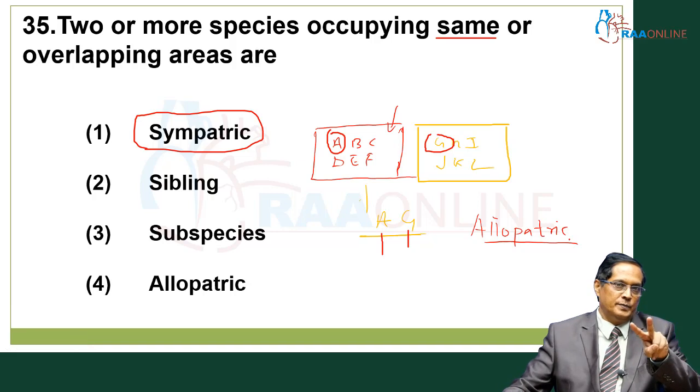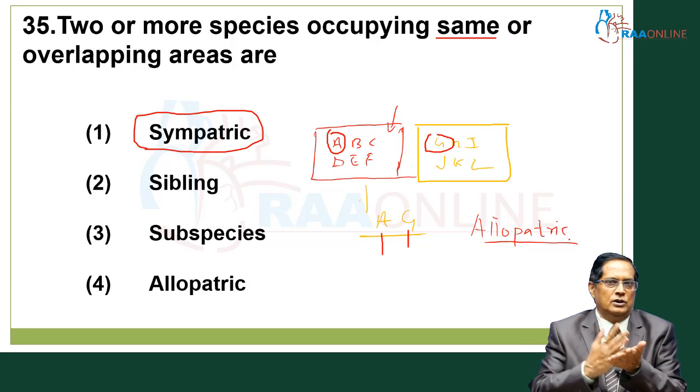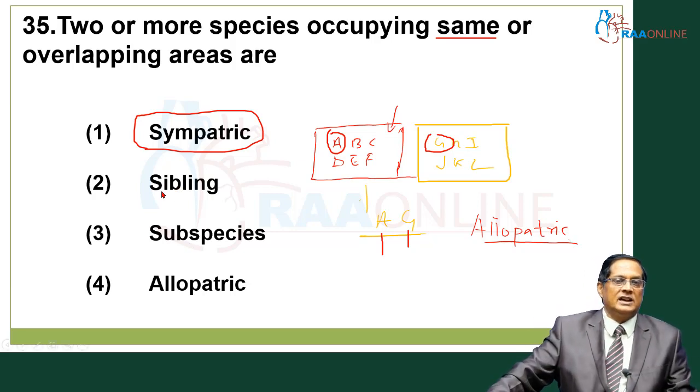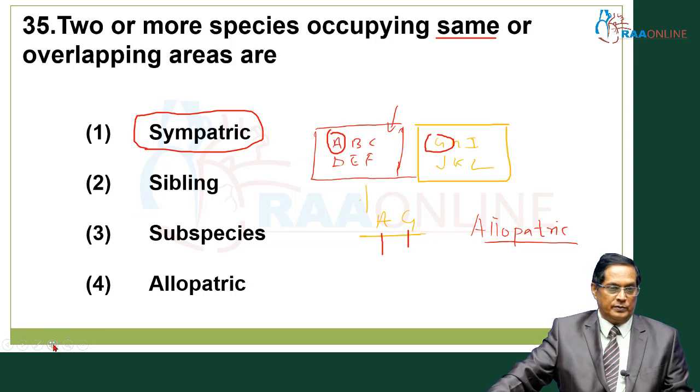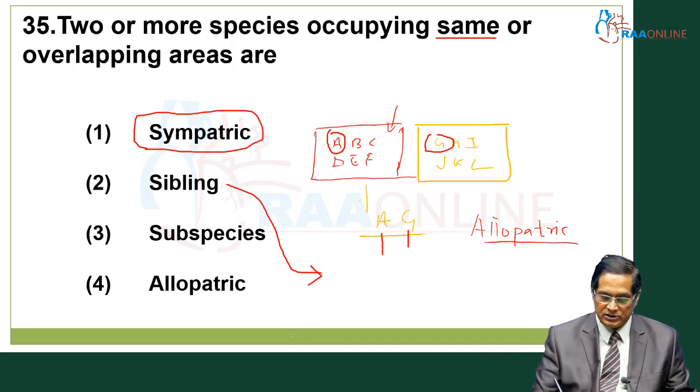What is sympatric? Same. Allopatric, different. Allo means different. Siblings, that is, they are similar in morphology but can't interbreed. Question pre-medical. Two species which are similar in morphology, that is, you are not able to distinguish them.